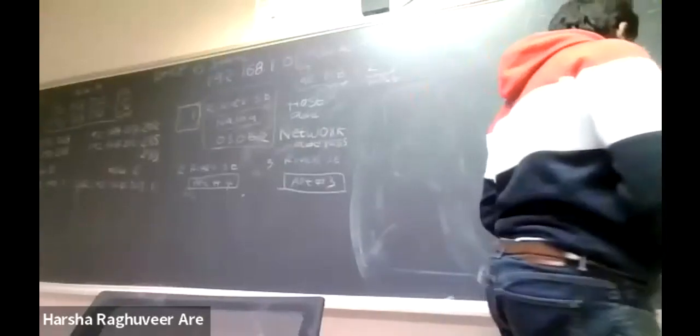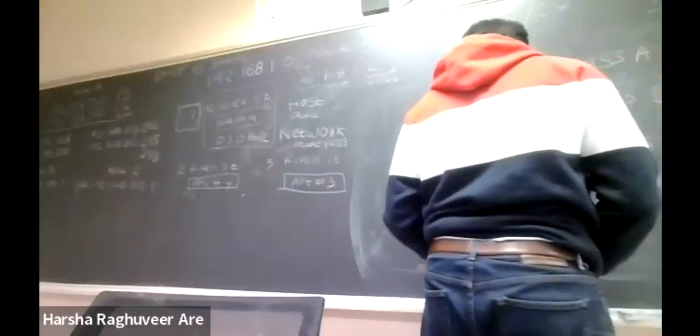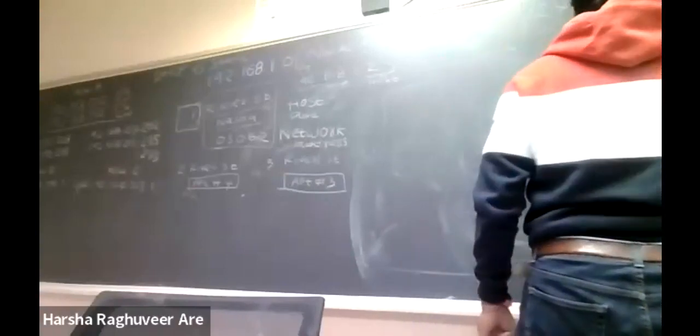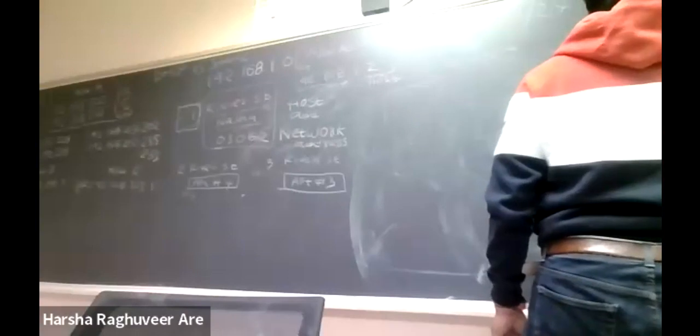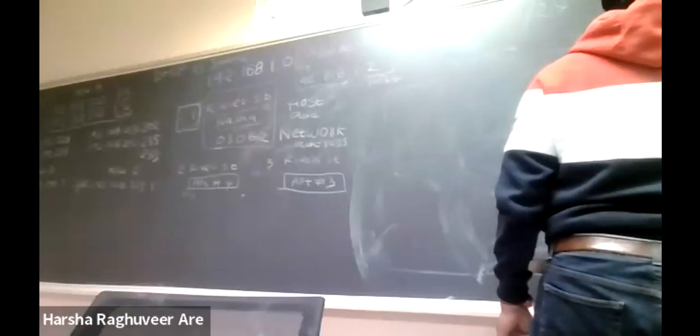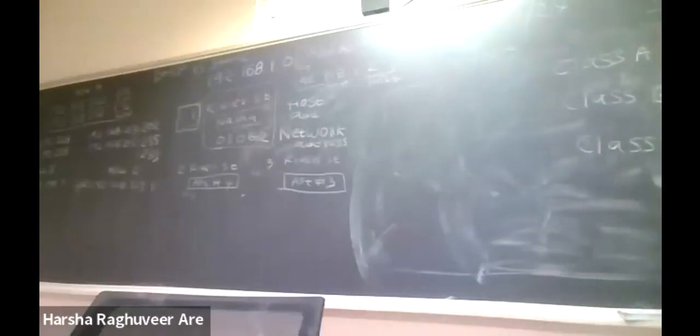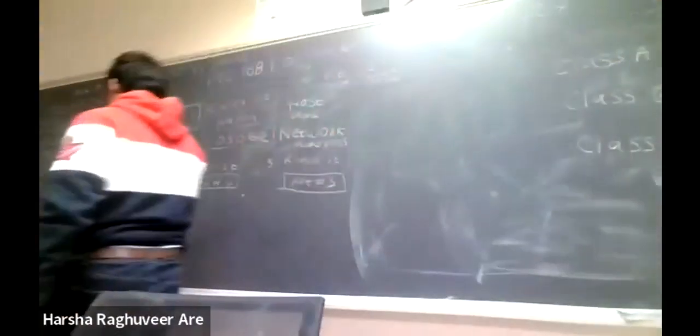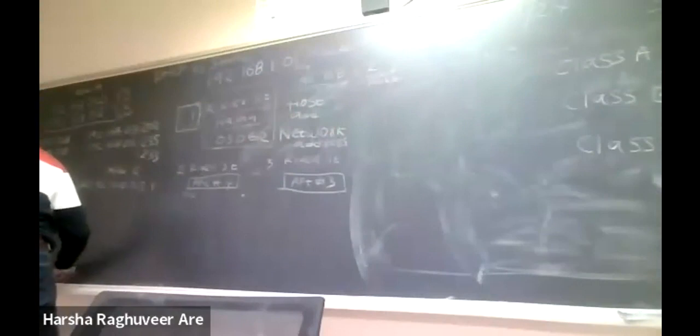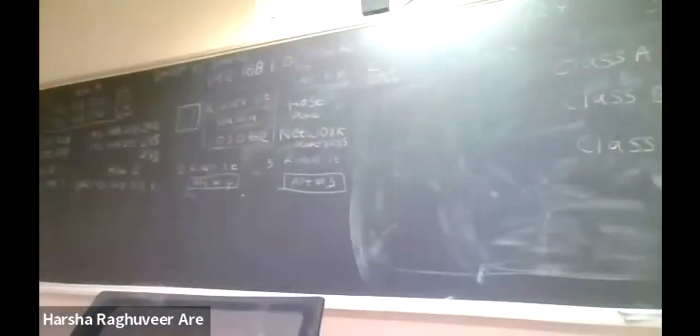Okay, so class B is 128 till 191. Its classification is /16, right?